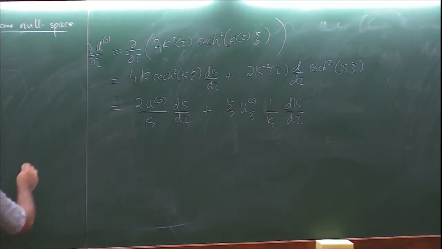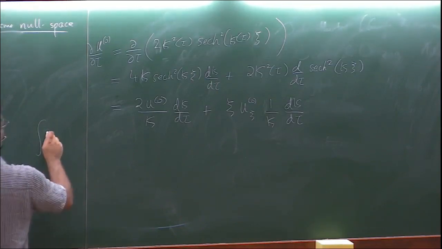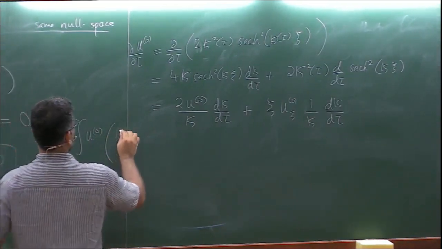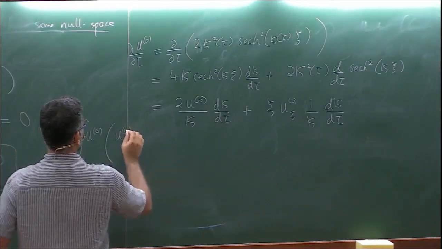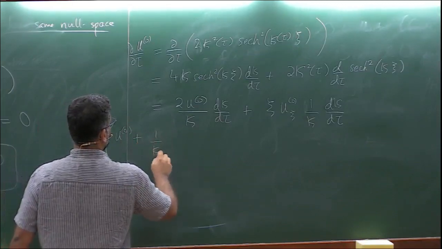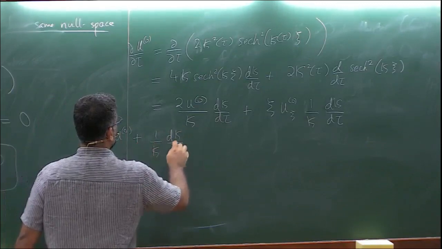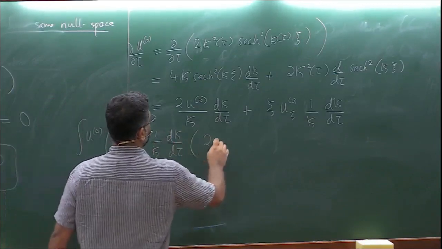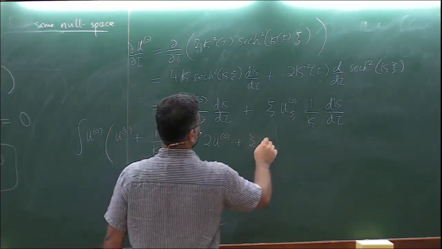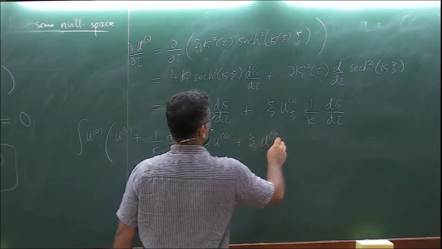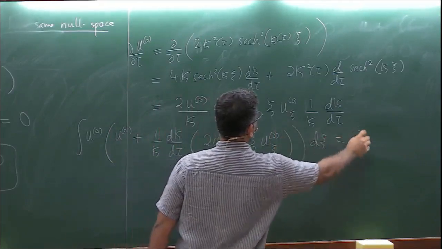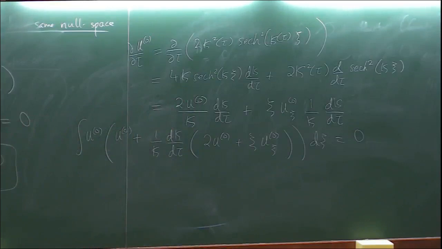but you can convince yourself that that's completely kosher. So then the orthogonality condition, which is the integral of u of 0 times u of 0 plus 1 over kappa d kappa d tau times 2 u of 0 plus xi u0 xi, d xi is 0.